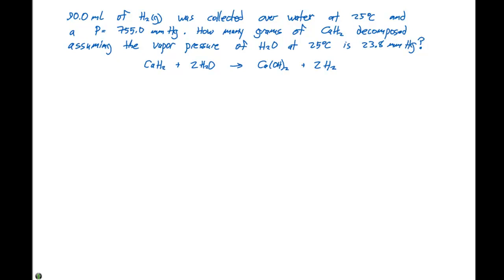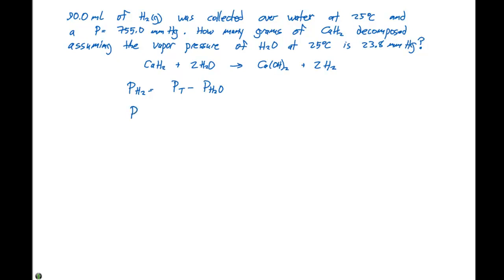We first have to use some of the concepts from our previous video to calculate the partial pressure of hydrogen. Our partial pressure of H2 is going to equal the total pressure minus the partial pressure of the water.